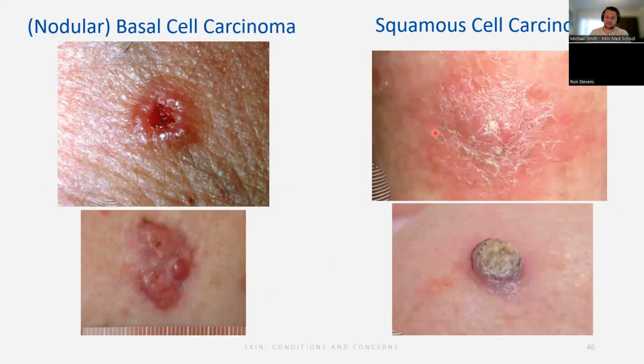And then for the squamous cell, this sun-damaged, hard, scaly bump. It can look like that, but it can also progress and look more like this. So very different presentations, but if you look at the common characteristics, a hard, scaly, rough bump that doesn't heal over time, you can start to see where these things might be more related than you think. So that's really important for doctors to ask those questions and to assess.